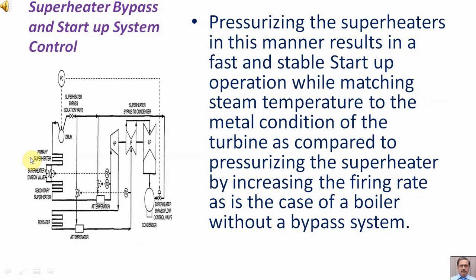Pressurizing the superheaters in this manner results in a fast and stable startup operation while matching steam temperature to the metal condition of the turbine, as compared to pressurizing the superheater by increasing the firing rate, as is the case of a boiler without a bypass system.